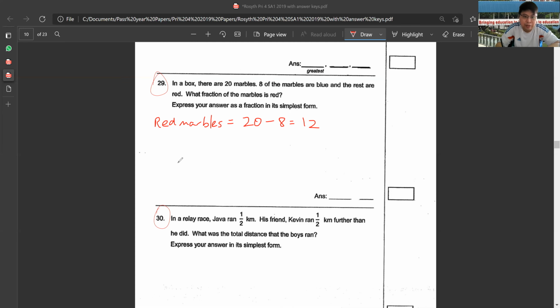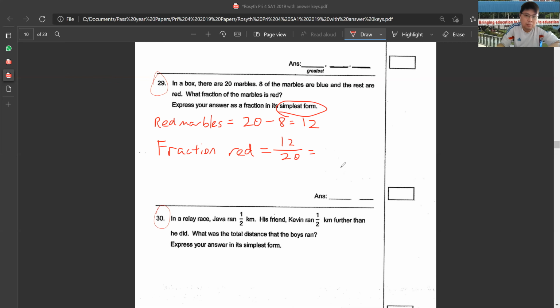What fraction is red? There are 12 red marbles. 12 over 20. But they want it in simplest form. So what must you do?